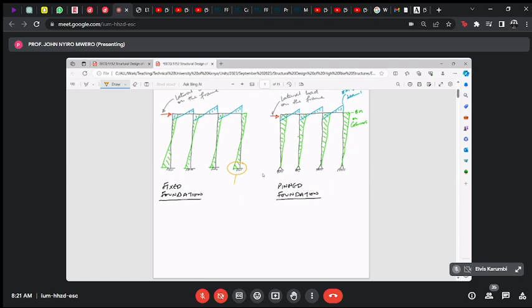Right here, notice that a moment is generated here due to the fixity.